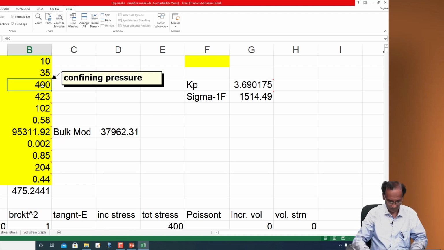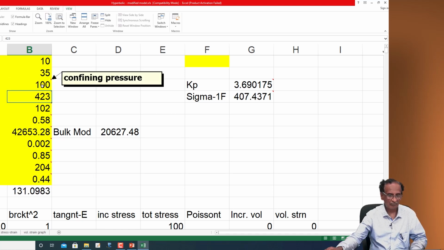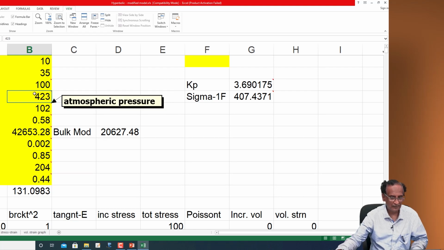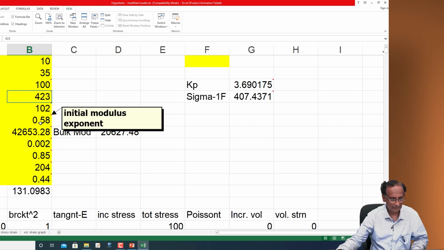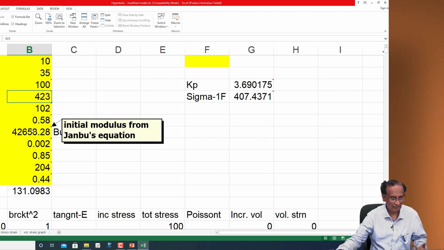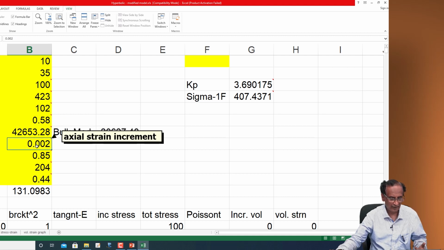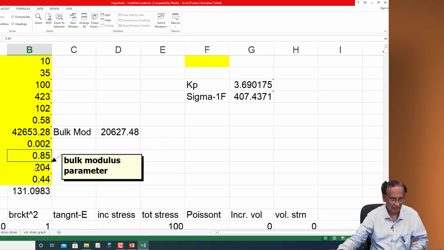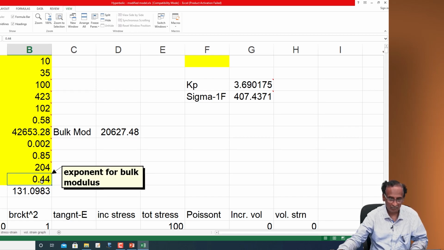Sigma 3, let me just do it at 100, and Ke and Pa are 423 and 102, and the exponent for the Young's modulus term is 0.48, and then our E initial is 42,653. Our incremental strain is 0.002 for doing our triaxial compression test. RF is 0.85, Kb and n are 204 and 0.44.